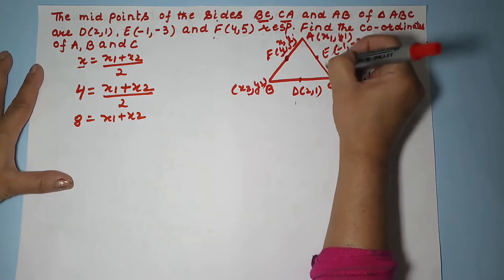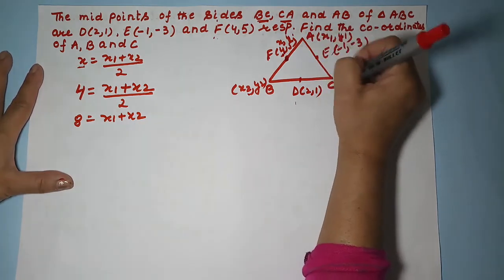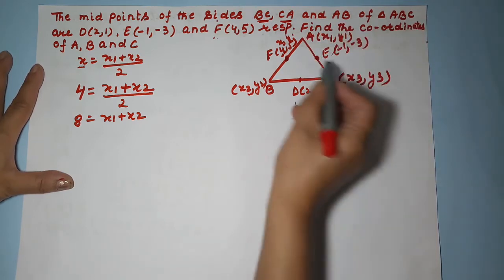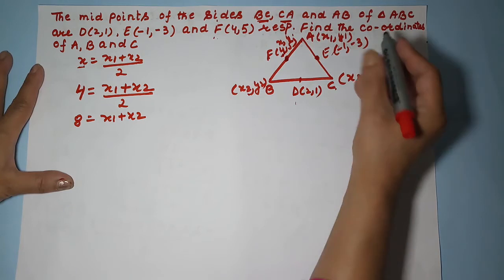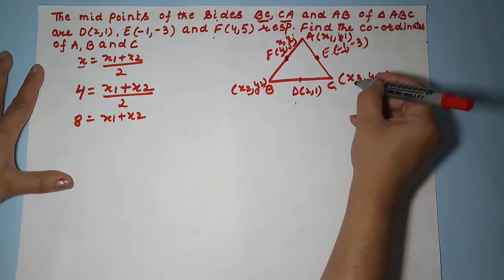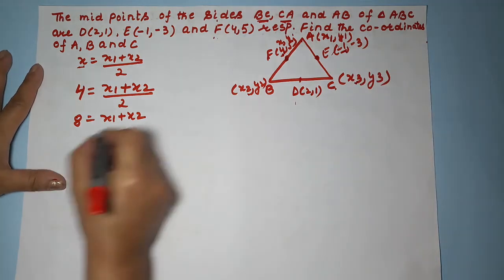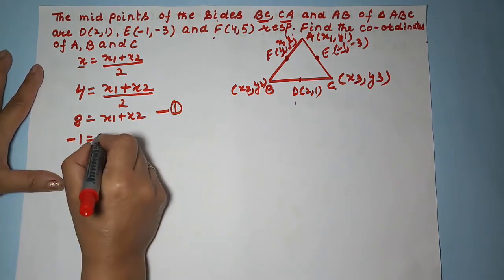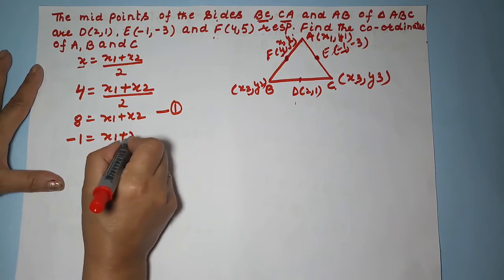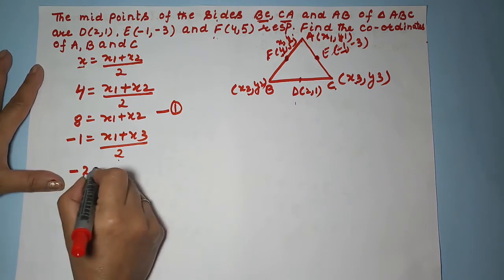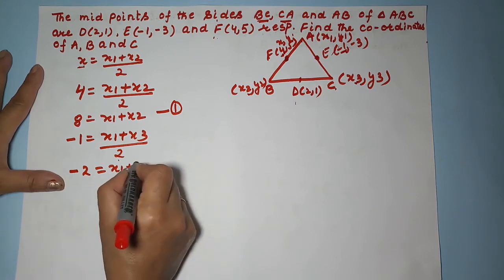Now move to this line. We will first find all x's and then we'll go to y's. If E is the midpoint of AC, then the x coordinate will be x1 plus x3 by 2, right? So let me name this equation 1. So minus 1 will be x1 plus x3 by 2. Does that mean minus 2 is equal to x1 plus x3?